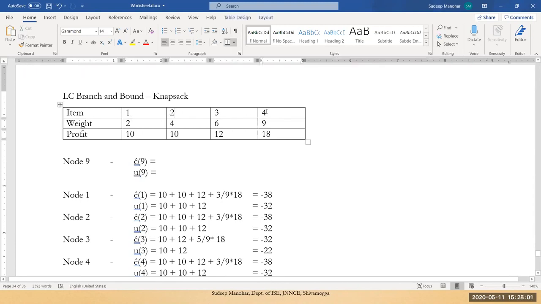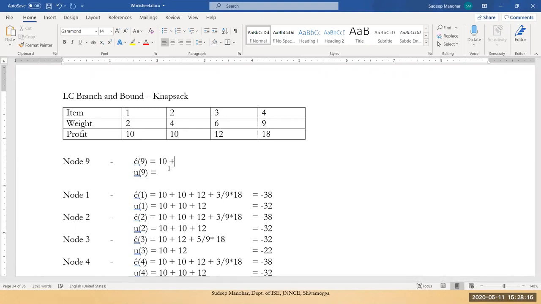Add the weights: 2 plus 4 plus 9, 6 plus 9, 15. It is the same as the knapsack capacity. Therefore, you can consider all three items fully: 10 plus 10 plus 18. There is no fraction.